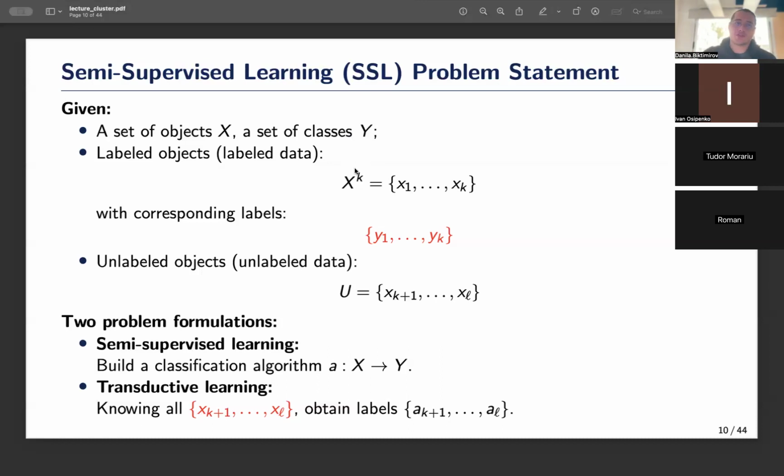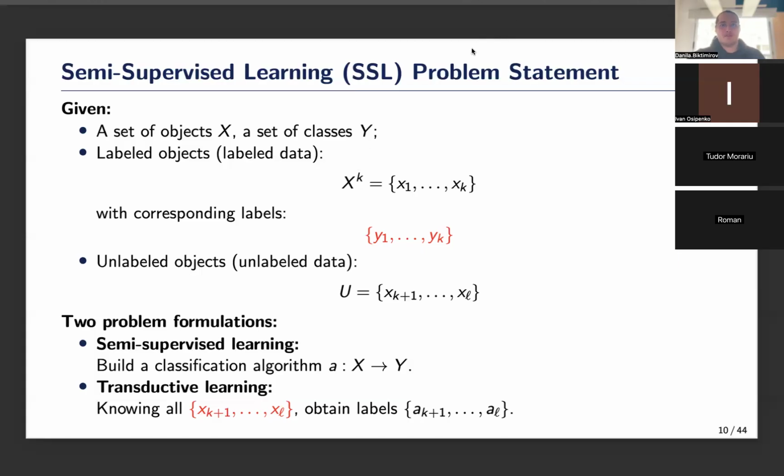Because in pure unsupervised learning, we may not even know the number of labels. And here we have some hints from the dataset.